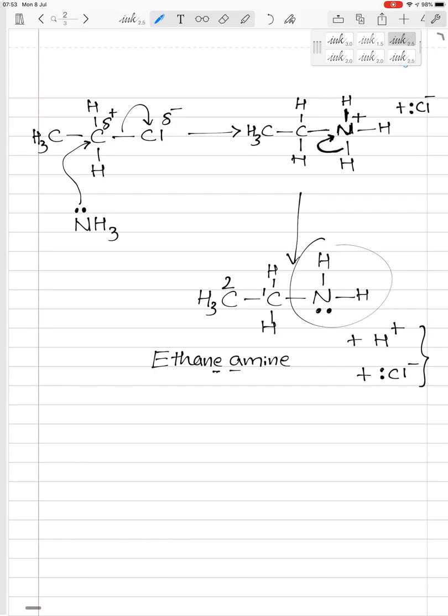We got two vowels together, so remove the e, therefore it's ethanamine. And that's all about the mechanism. I would say this is 1 mark, 2 marks possibly, this is the 3rd mark, final 4th mark. So this is one of the mechanisms which gets checked quite a few times, so make sure that you do enough practice writing it. Okay guys, that's it.